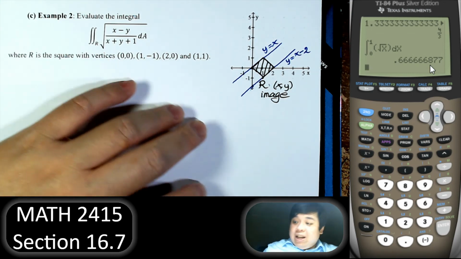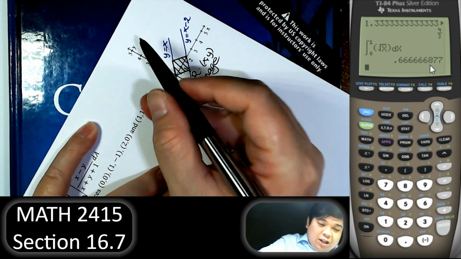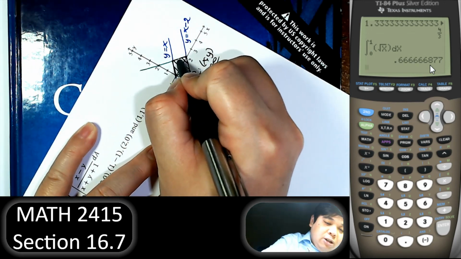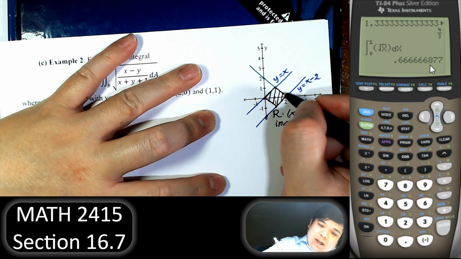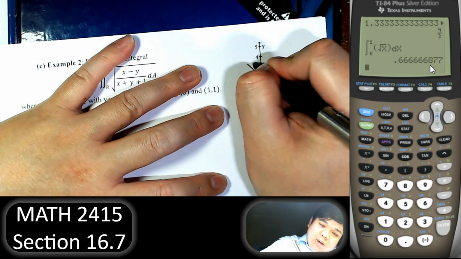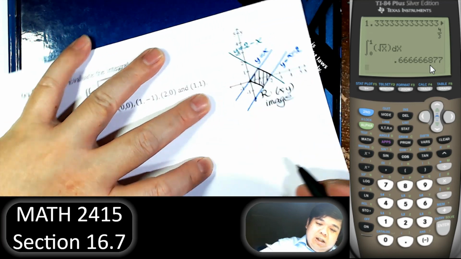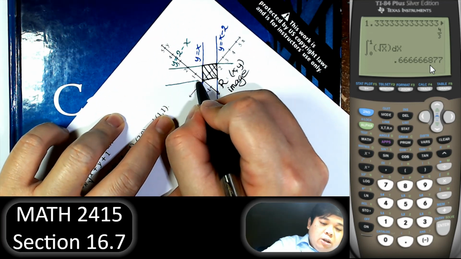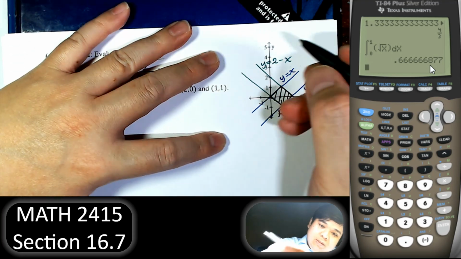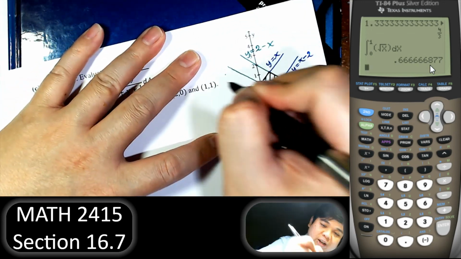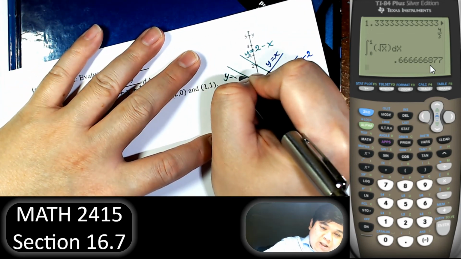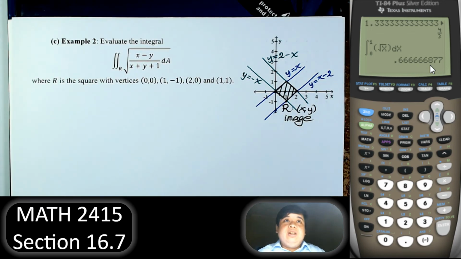Well, not yet. Try another one. This equation is y equal to 2 minus x. And this equation is y equal to -x. And then you're still asking the same question. How did that help? Right.